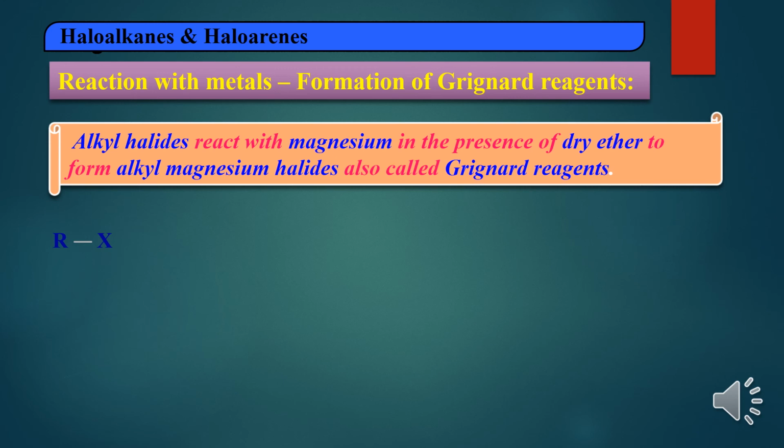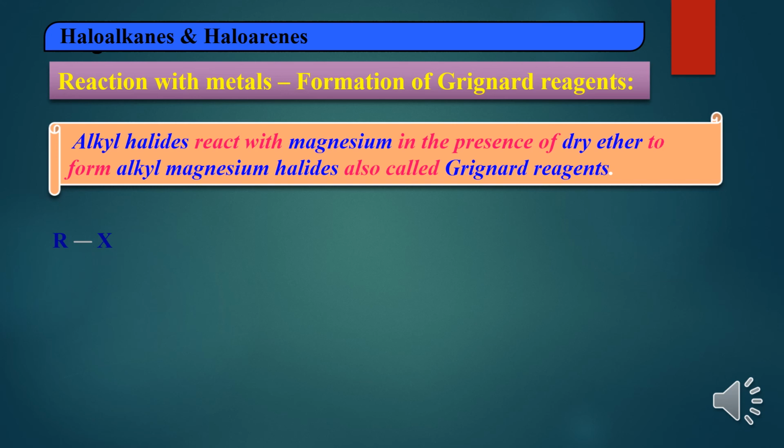I will take an example. Alkyl halides react with magnesium in the presence of dry ether to form alkyl magnesium halides, called Grignard reagent. One mark important. It is a preparation, important for 1 mark. So alkyl halide reacts with magnesium in the presence of ether.